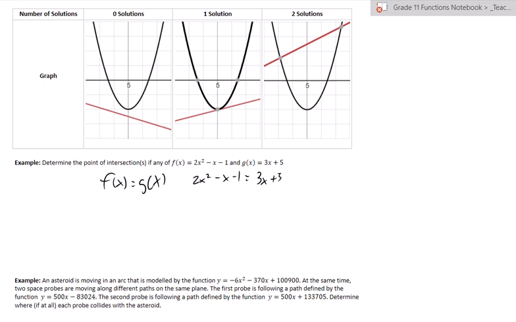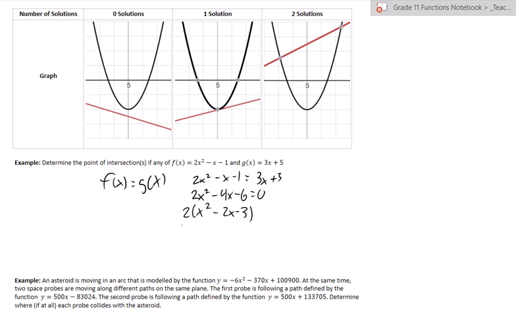So that's going to give us 2x squared. We're going to subtract the 3x and 5 from both sides. So it's minus 4x minus 6 equals 0. And then by the looks of this, we can do a quick factor. So that's 2, and then x squared minus 2x minus 3.